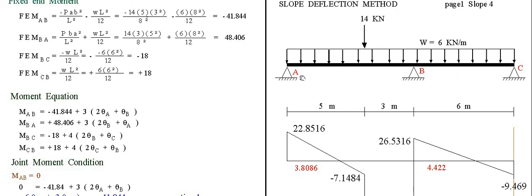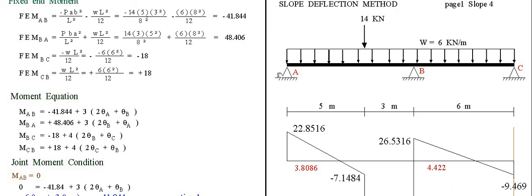So we begin with minus at A, then positive on the left of B, minus on the right of B, then positive on the left of C. If we have another span, then it will follow from the left: minus, plus, minus, plus. Okay, that is why this is minus.